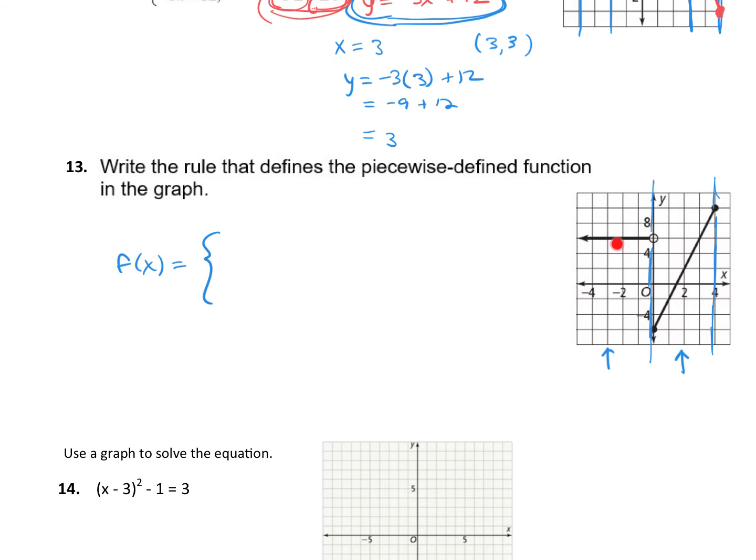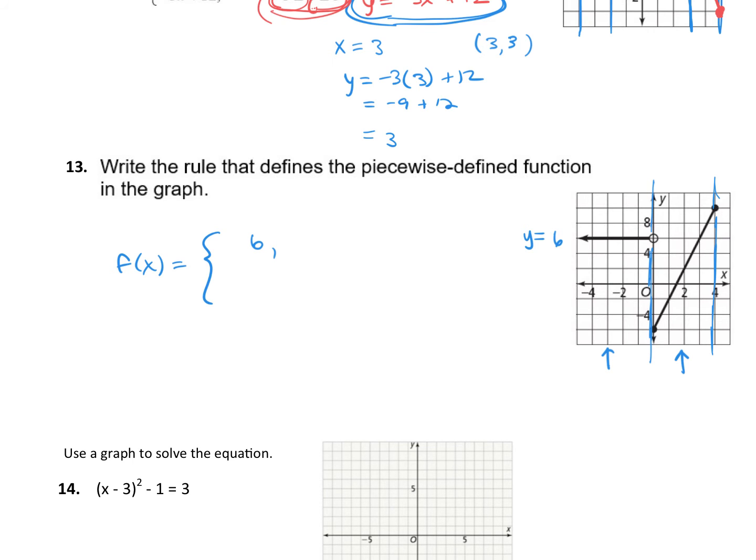So our first one is this one on the left, horizontal line. Anytime you have a horizontal line, it just has the equation y equals whatever that number is, wherever you're crossing the y-axis. Our y-axis is counting by 2's. We want to be aware of that, so it is crossing at 6. So in our piecewise function, 6 is our first function, but for what interval?